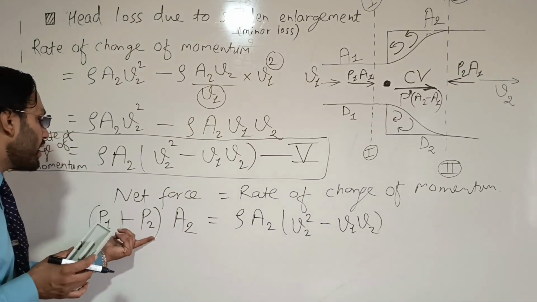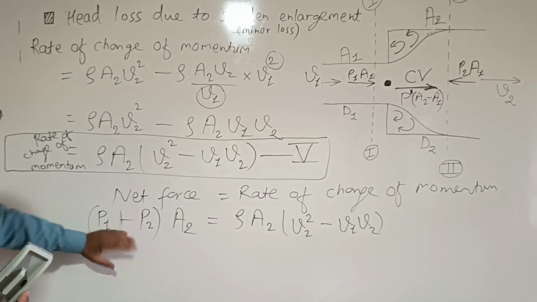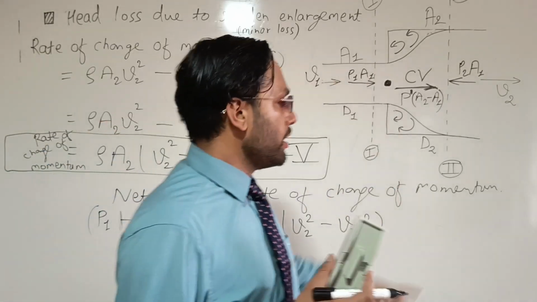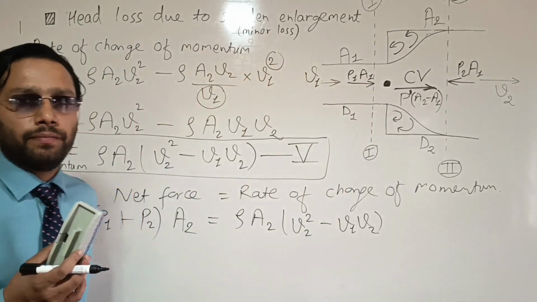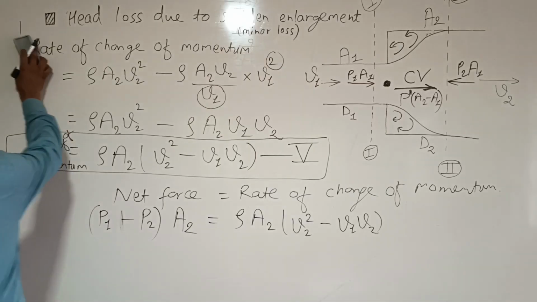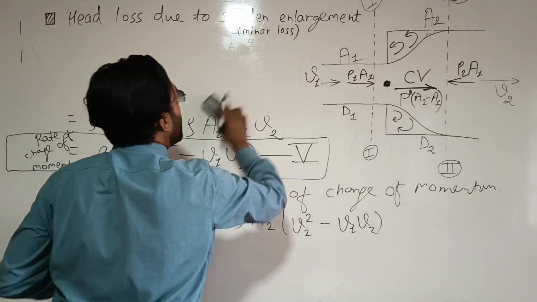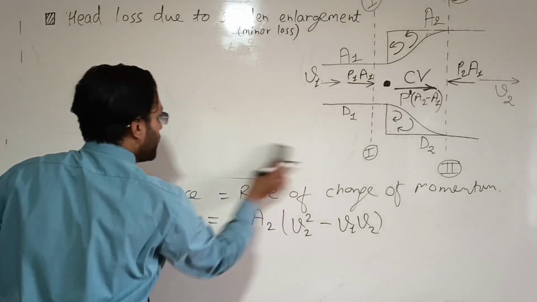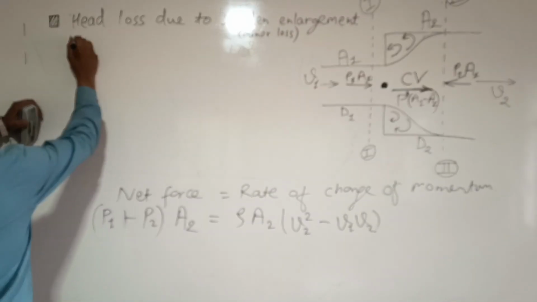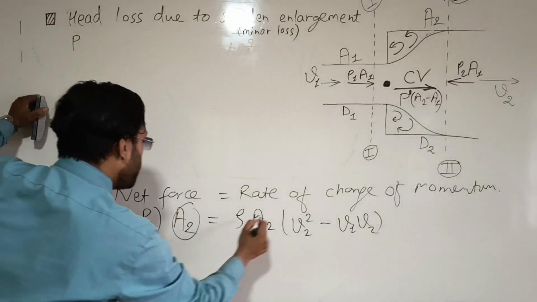So I'm going to get P1 by gamma minus P2 by gamma from here, and I'm going to substitute this in equation number 1 to get our answer. You can cancel A2 and A2.